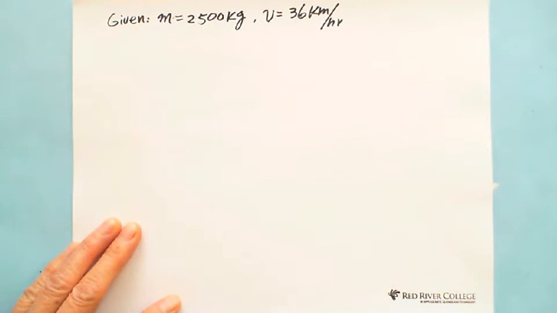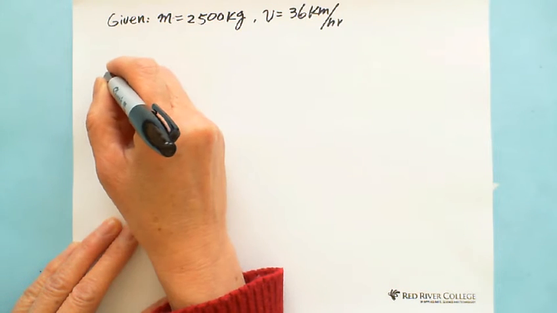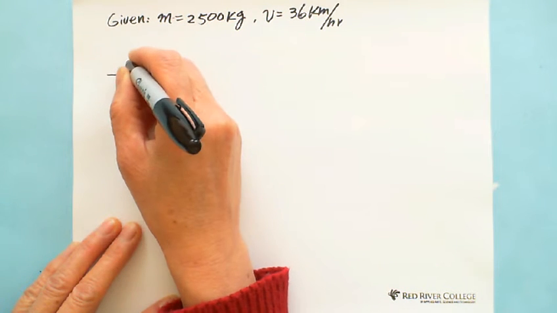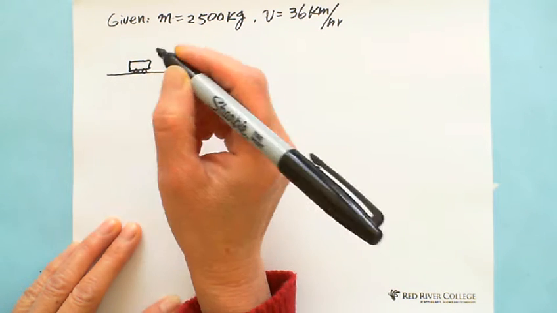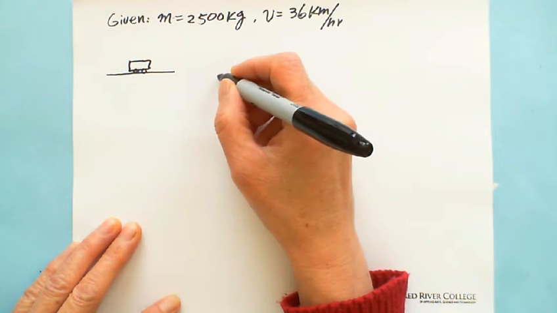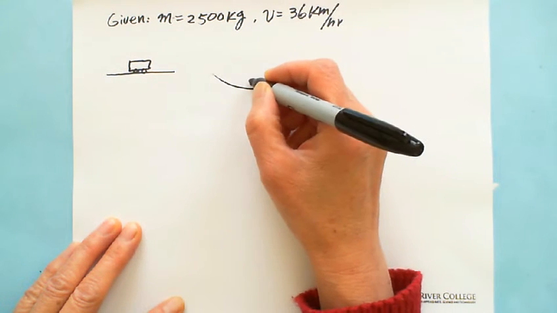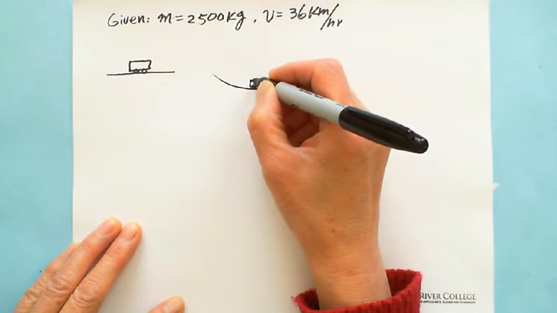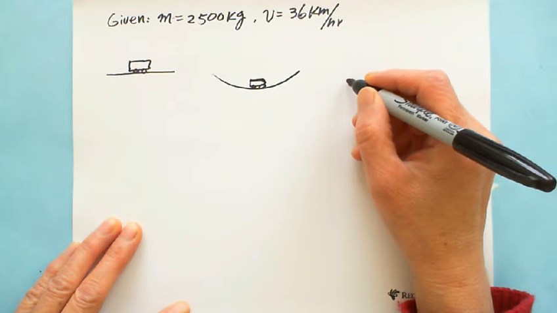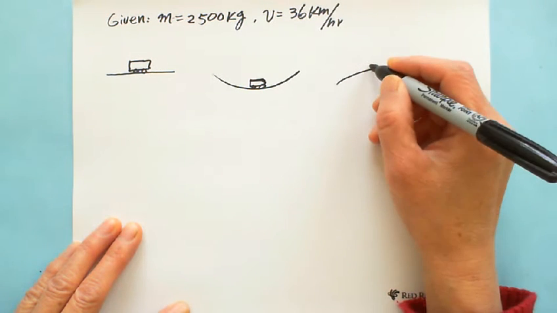There are 3 different situations when the car is driving. The first is on a flat road, the second is driving on a road shaped this way, and the third is driving on a road shaped this way.